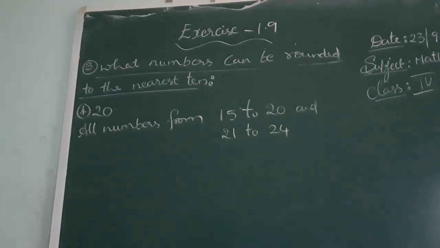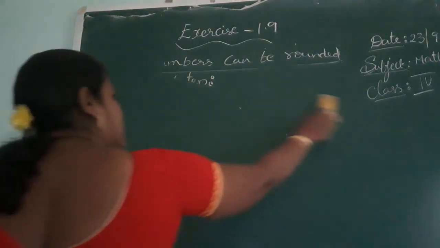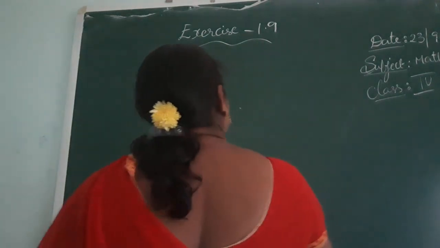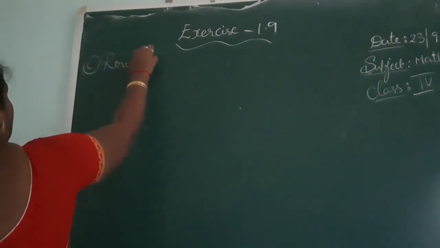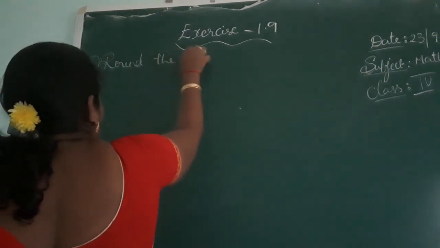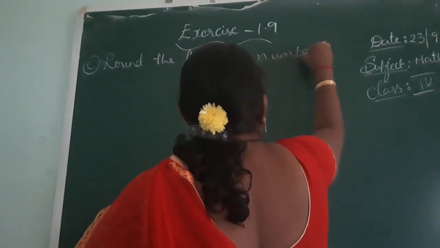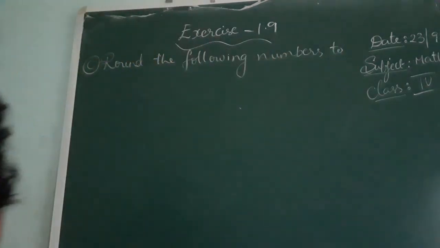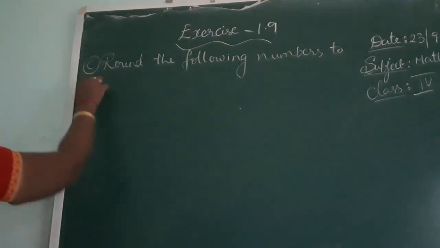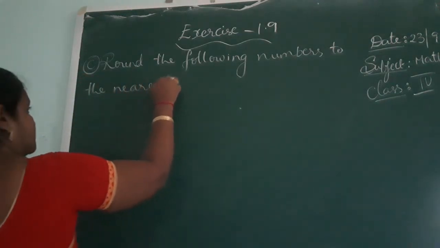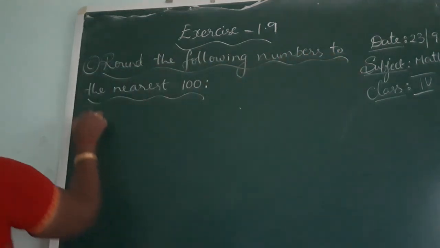Round the following numbers to the nearest 100. Round the following numbers to the nearest 100. First one.